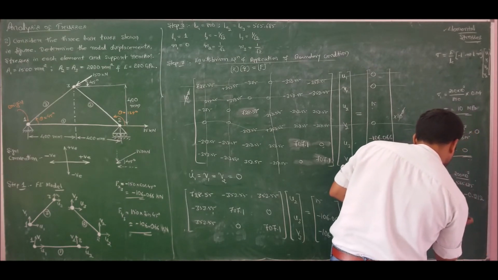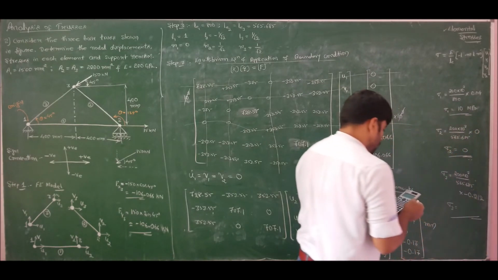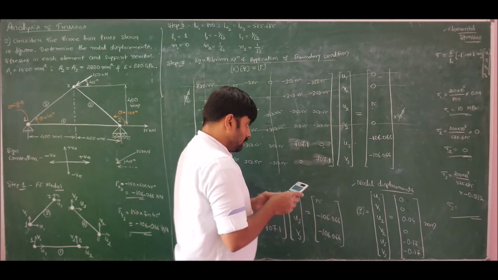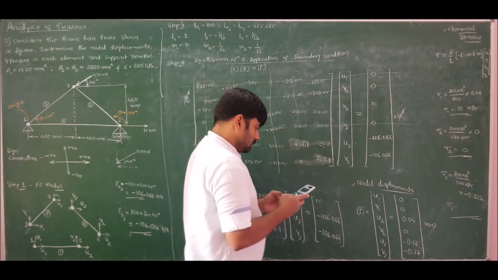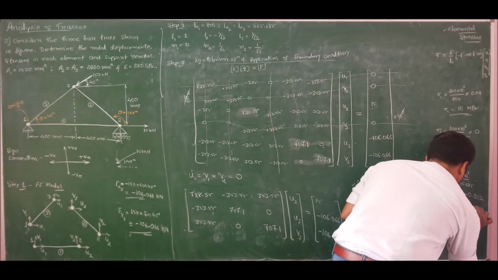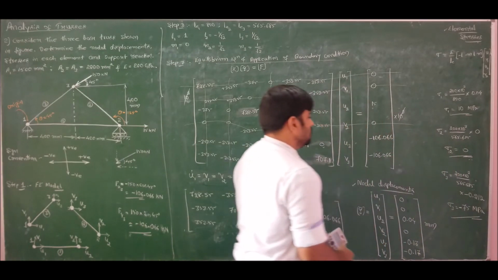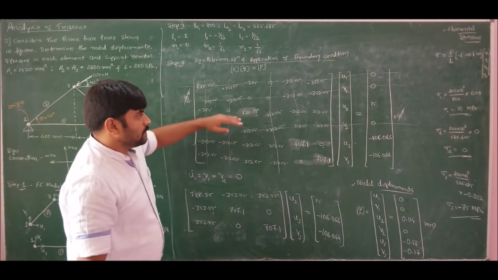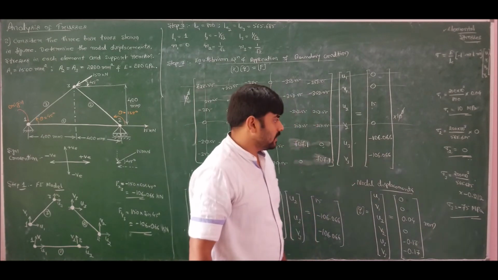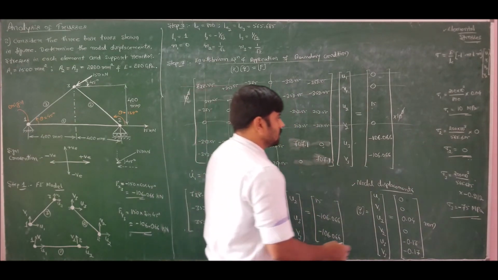So therefore, sigma 3 for this problem is turning out to be 220 to the power of 3 divided by 565.5685, which is minus 75 megapascals. So the stresses are, for element 1 it is plus 10 megapascal, for element 2 it is 0, for element 3 it is minus 75 megapascals.